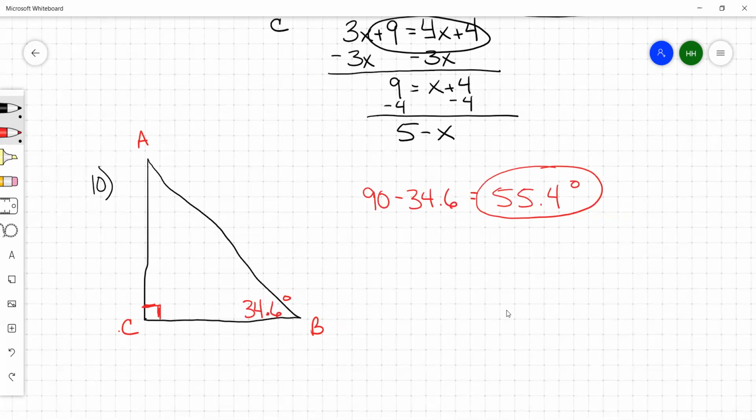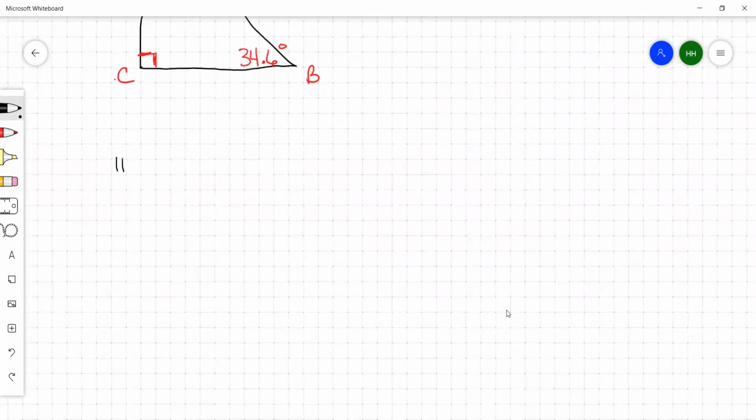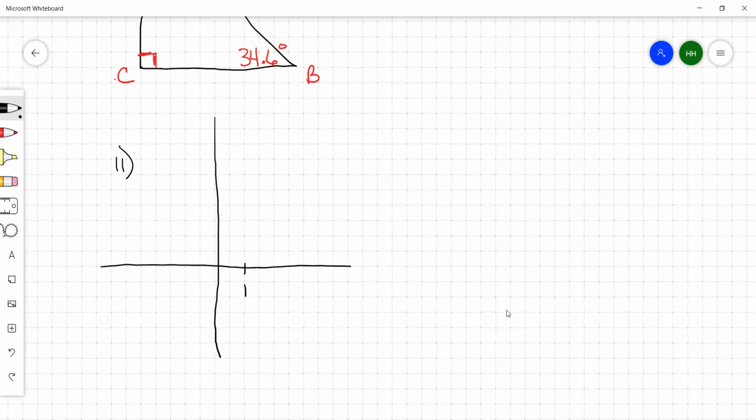All right, and number 11 on the short answer. Let's see, you're given a line. Looks like your line goes through 1 on the x-axis and 3. Here's our x-axis, here's our y-axis.